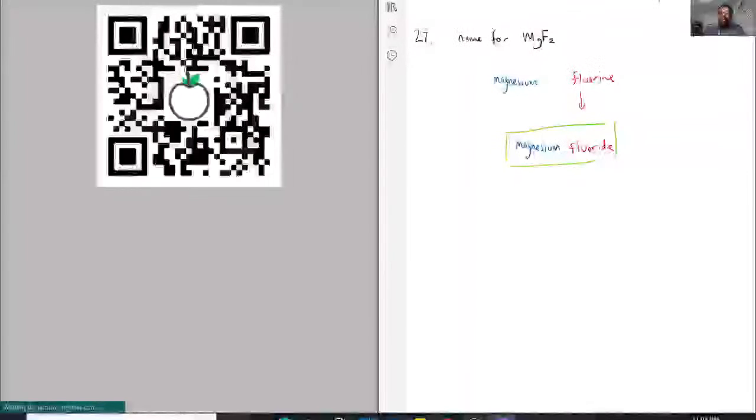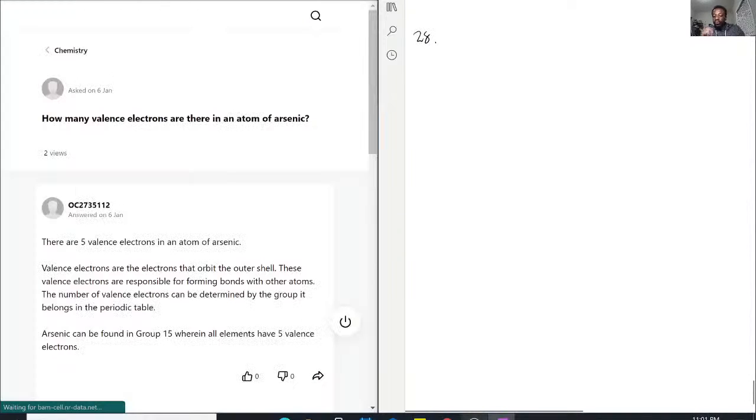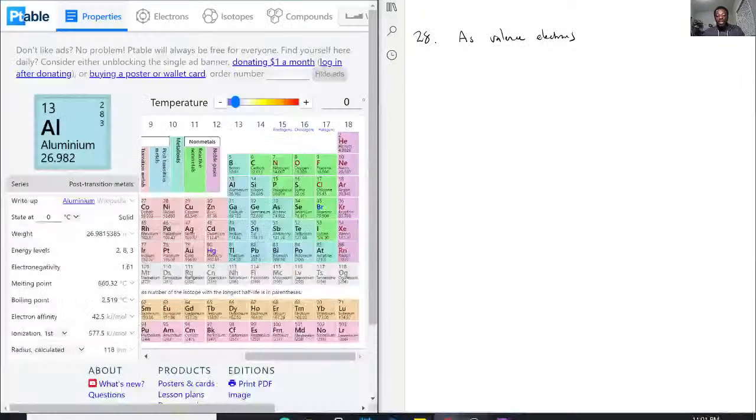So now let's go to question number 28. We have, how many valence electrons are there in the atom of arsenic? So arsenic valence electrons. Well, not sure if you can read it, but let's go to the periodic table and see what arsenic is.